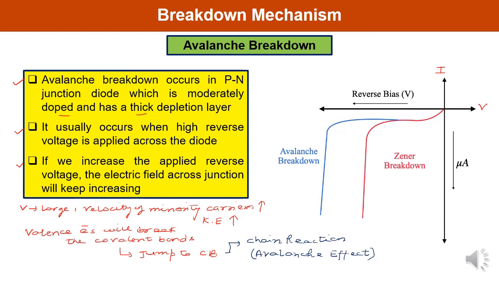Here you can see this is the avalanche breakdown and this is the voltage at which this breakdown occurs. So you can observe the Zener breakdown as well as the avalanche one, and you can explain both mechanisms as well. What is the avalanche effect? What is the Zener effect?